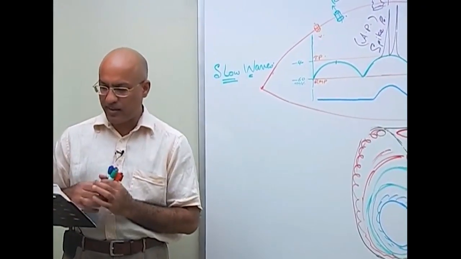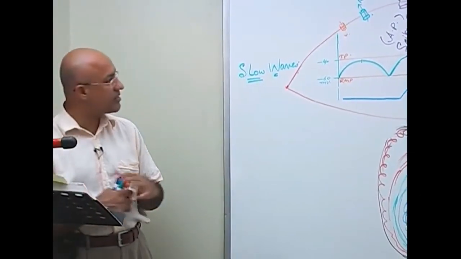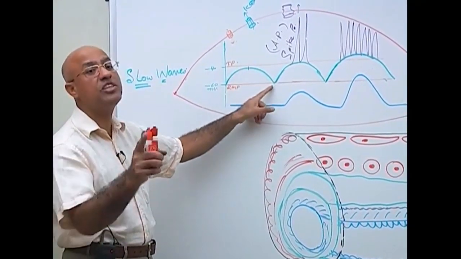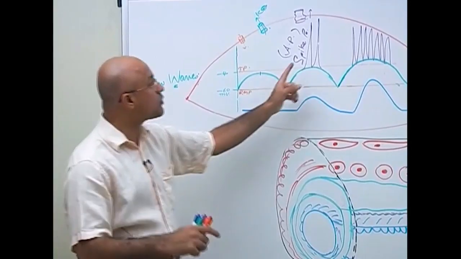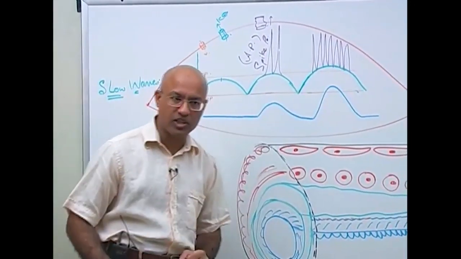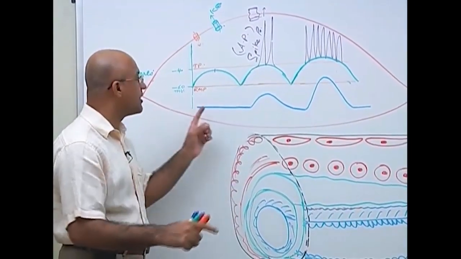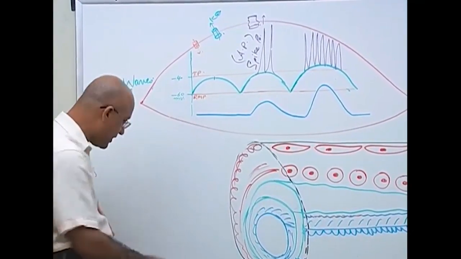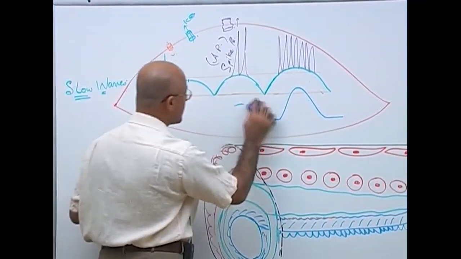Now another thing which is very important to understand is that not only can the amplitude of the slow wave be changed, and not only can the frequency of the action potential be changed, in these smooth muscles you can also change the resting membrane potential. Is that right? Let me explain it.